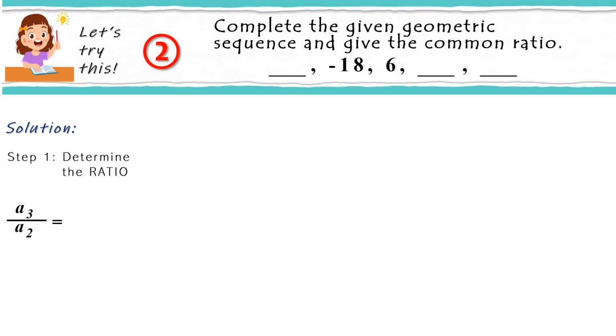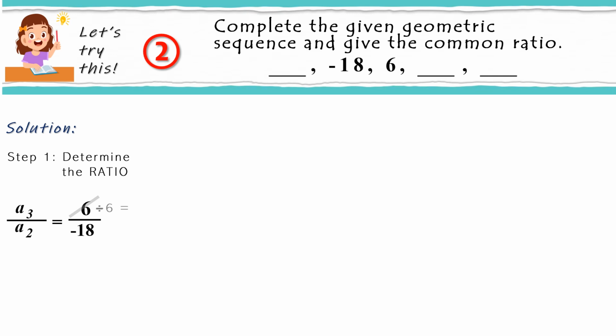So, we have a sub 3 divided by a sub 2. Ang ating a sub 3 ay 6. Ang ating a sub 2 ay negative 18. So, that is 6 divided by negative 18. So, alam natin na merong common factor between 6 at 18. Ang common factor ay 6. So, i-divide natin both sides by 6.